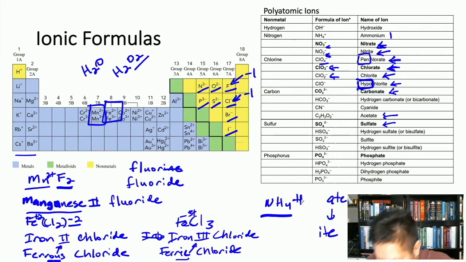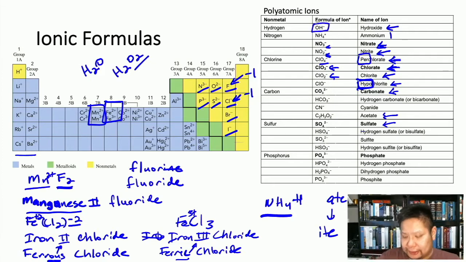It's the only one that's not a negatively charged polyatomic, so it doesn't have the -ate, -ite, per, or hypo things attached to it. Since it's positively charged, it takes the place of a metal in the ionic compound. And then we have hydroxide, which is a base, and its formula is OH minus. It's just hydroxide, one of those that you have to remember.